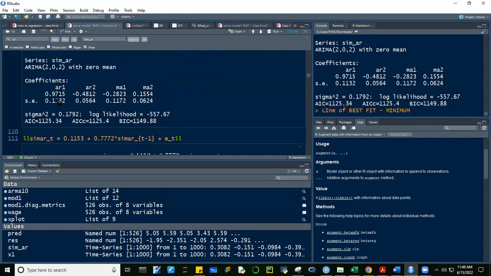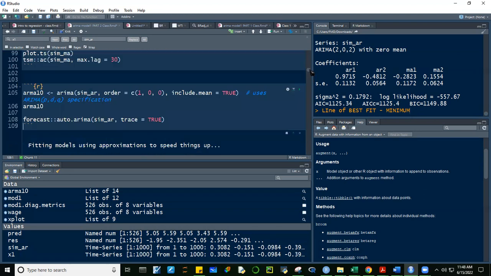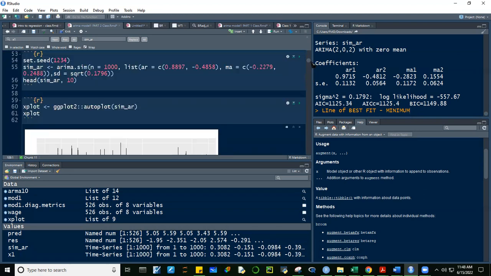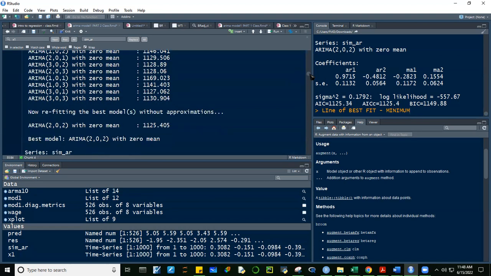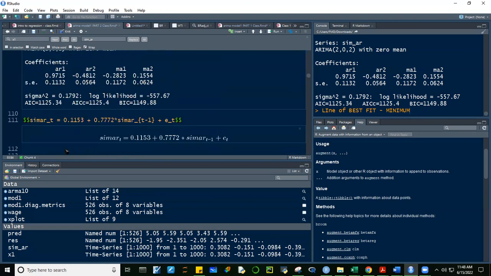AR1 0.97 and then negative 0.48 and then negative 0.28 and then 0.15. Let's compare that with our simulation. So I'll just compare this to our list, Control C. So let me just copy that here.